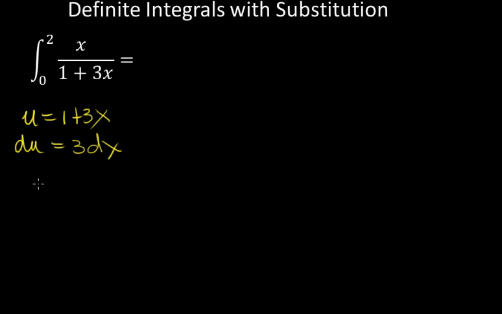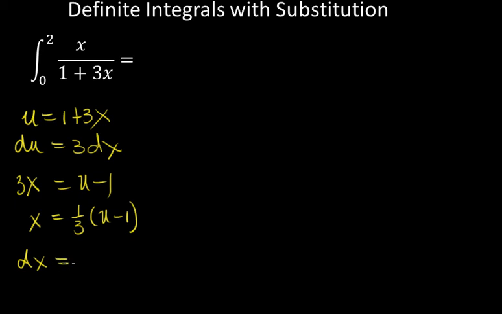I have an extra x in the mix here, so I have to solve for it. I get 3x is equal to u minus 1, and x is equal to 1/3 times the quantity u minus 1. If you want to solve for dx, you can write dx is equal to du over 3. And then you can just take the dx and the x and the 1 plus 3x and substitute.